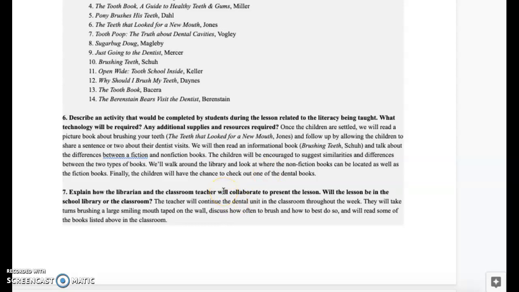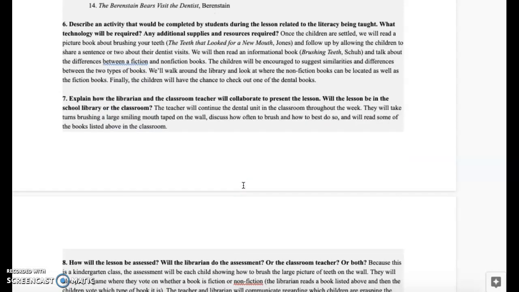Explain how the librarian and classroom teacher will collaborate to present the lesson. Will the lesson be in the school library or the classroom? So as I was going through this, my thought was that it would be part of a larger dental unit going on in the classroom, and so that this would just be an extra activity in a special class, but used to facilitate looking around the library, looking at different books.